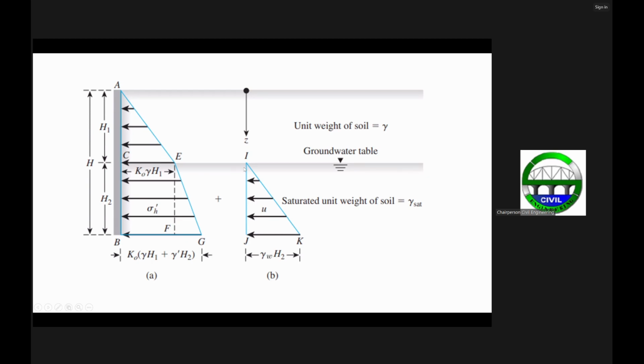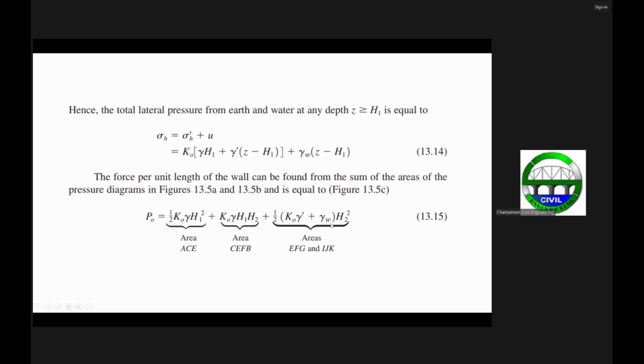And then for the area of this triangle, that's 1 half H sub 2. Again, this is H sub 2 times the unit weight of water times H sub 2. So that gives you 1 half unit weight of water times H sub 2 squared. So this one here will now give you the total force P sub O per unit length of the wall.